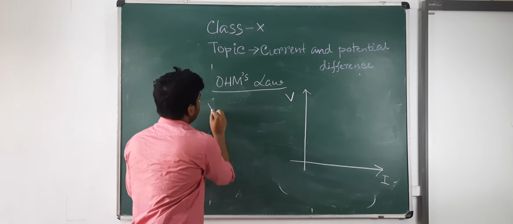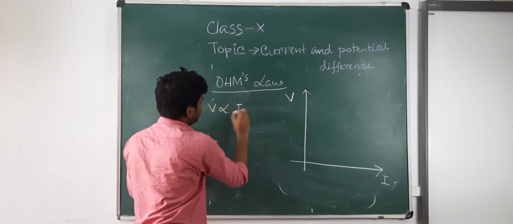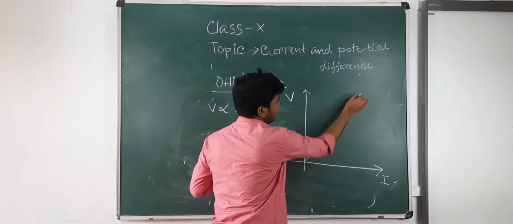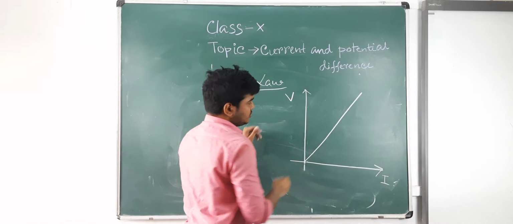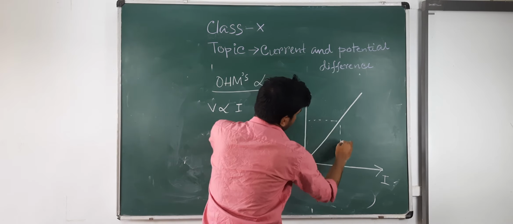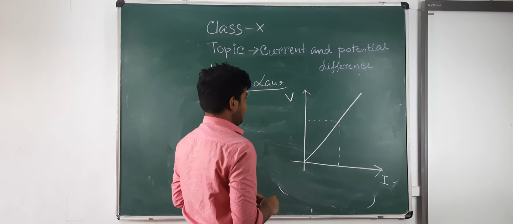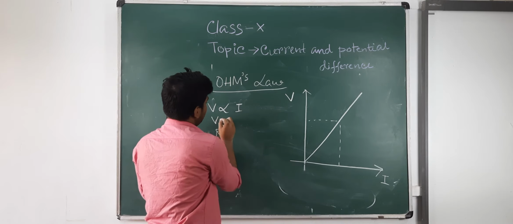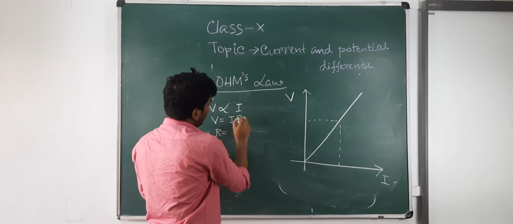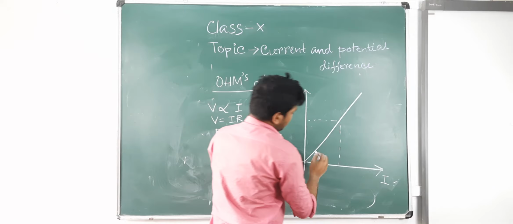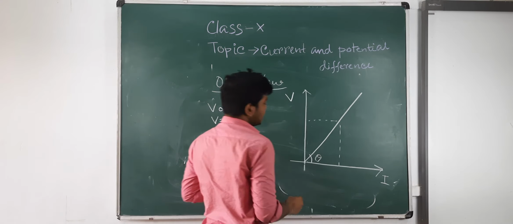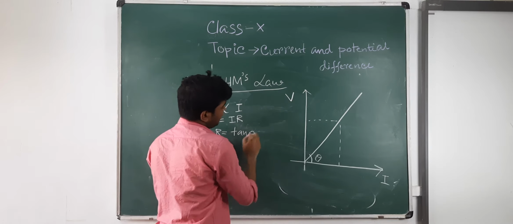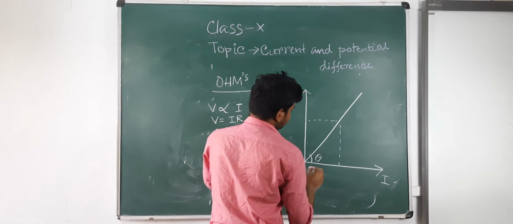Because V is proportional to I, this graph will be a straight line. The current versus voltage graph will be a straight line. And what will be the value of R? V equals IR. Suppose this is theta, then R will be tan theta.